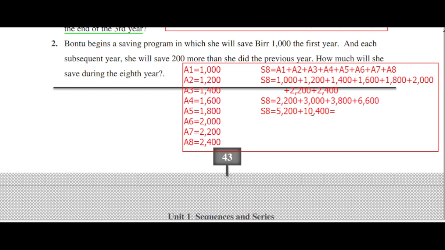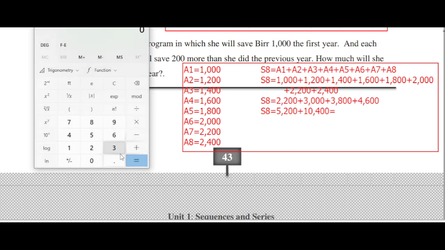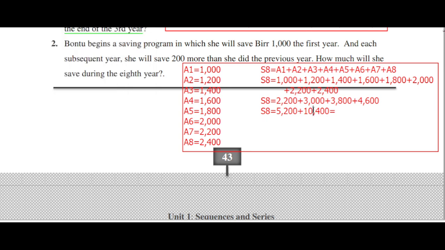Here you have 2,200 plus 2,400, 4,600. 38 plus 46 is equal to 84, so 8,400.